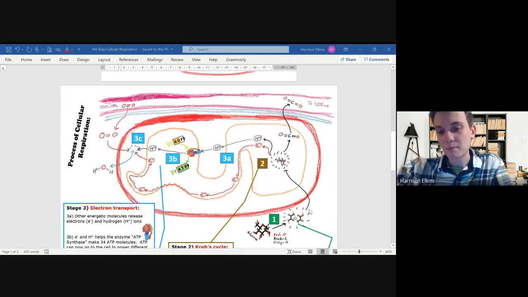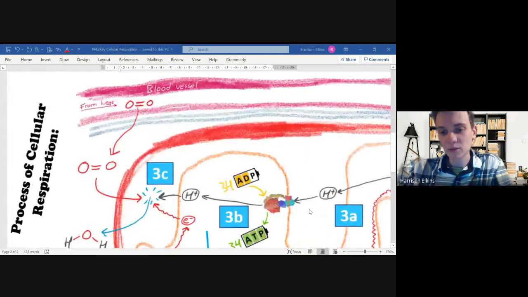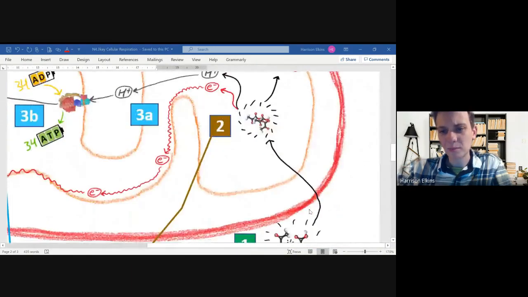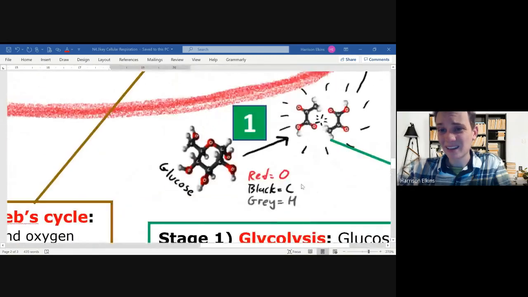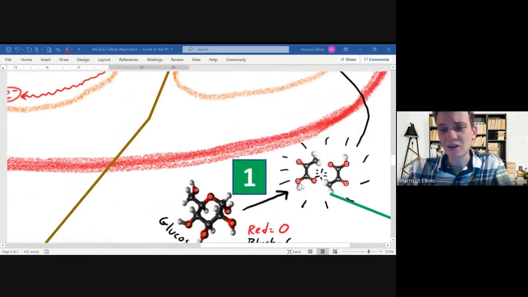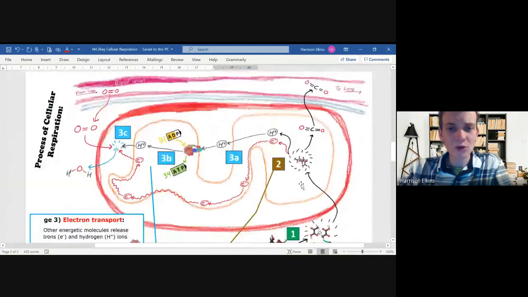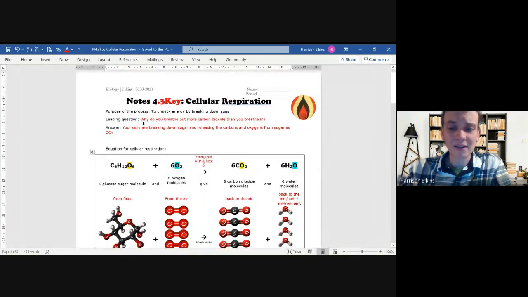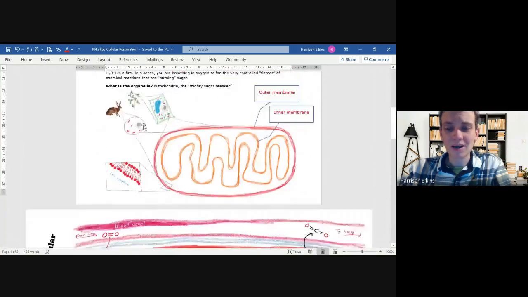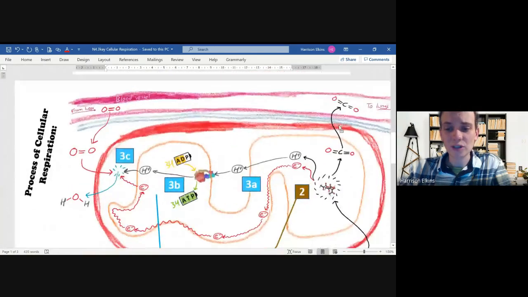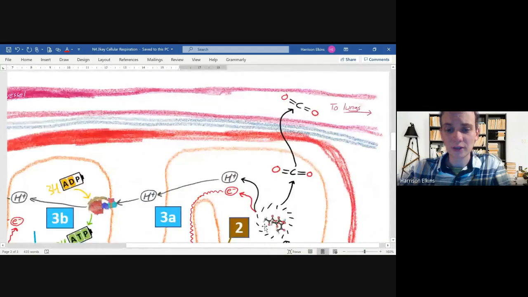But remember, when I'm talking about burning calories, that's like this process right here, okay? I'm breaking down my sugar, I'm burning it, and I'm getting those hydrogens from it. And the reason why, if we go back to our original question, why do you breathe out more carbon dioxide than you breathe in? It's because you're breathing out carbon dioxide that's coming from your sugars and from your sugar molecules.